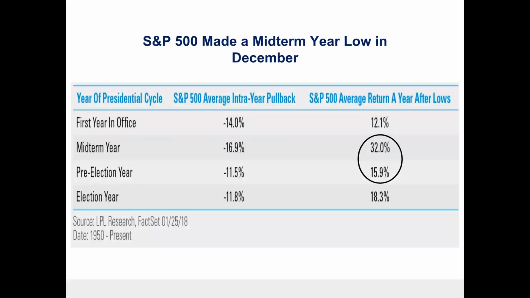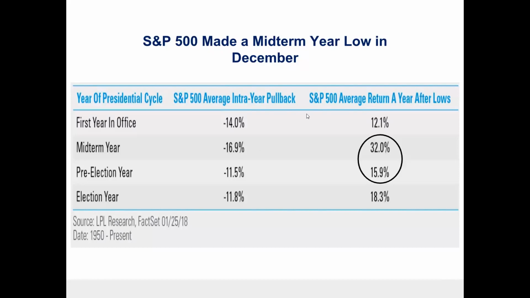Something else that we're looking at that drives that view is the presidential cycle. I do a lot of work around cycles. It's not the ultimate driver of my strategy, but I do pay attention to it as part of the mosaic, as part of the roadmap. And what's interesting is when the S&P 500 makes its midterm year low, the average return 1 year later is 32%.